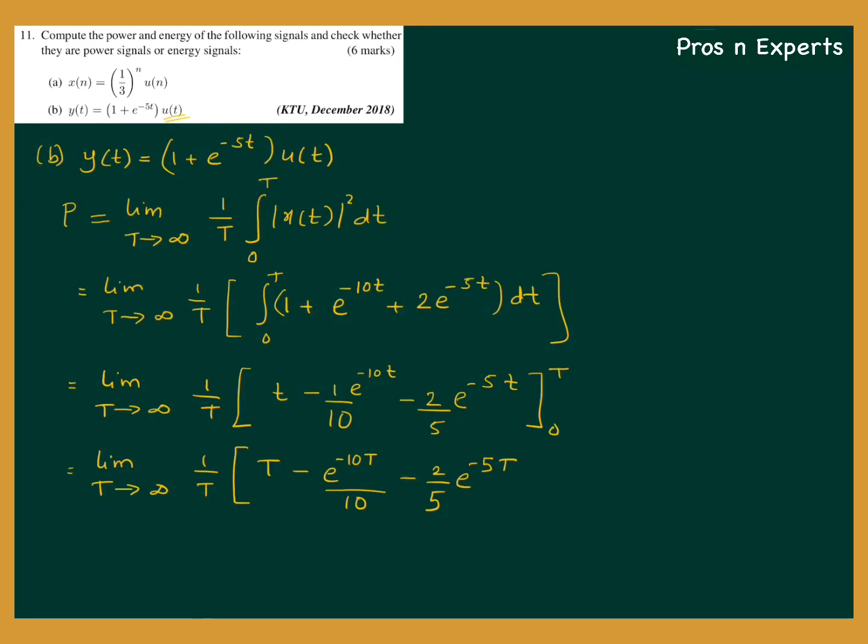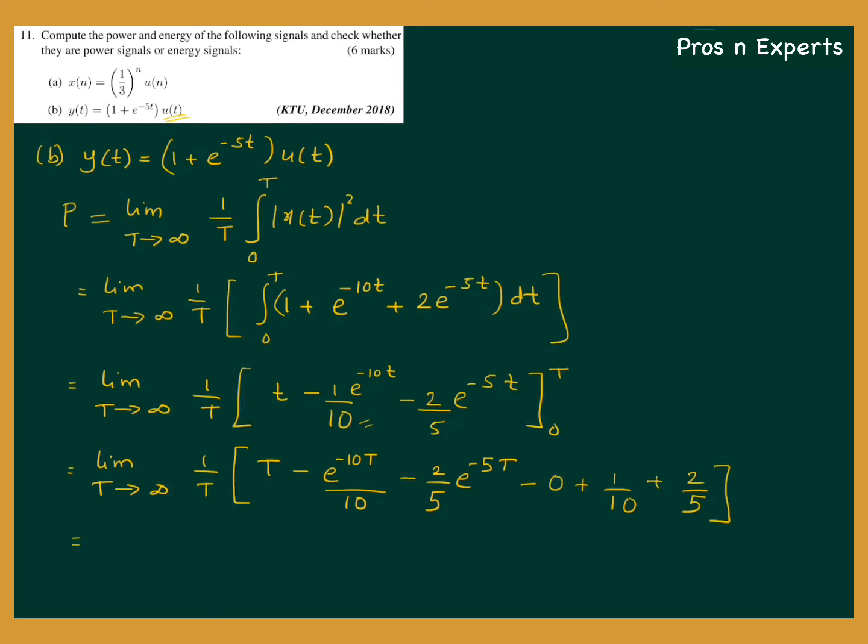Minus 0. Then applying the lower limit in these terms, you will get plus 1 by 10 and plus 2 by 5, because e raised to 0 is 1.